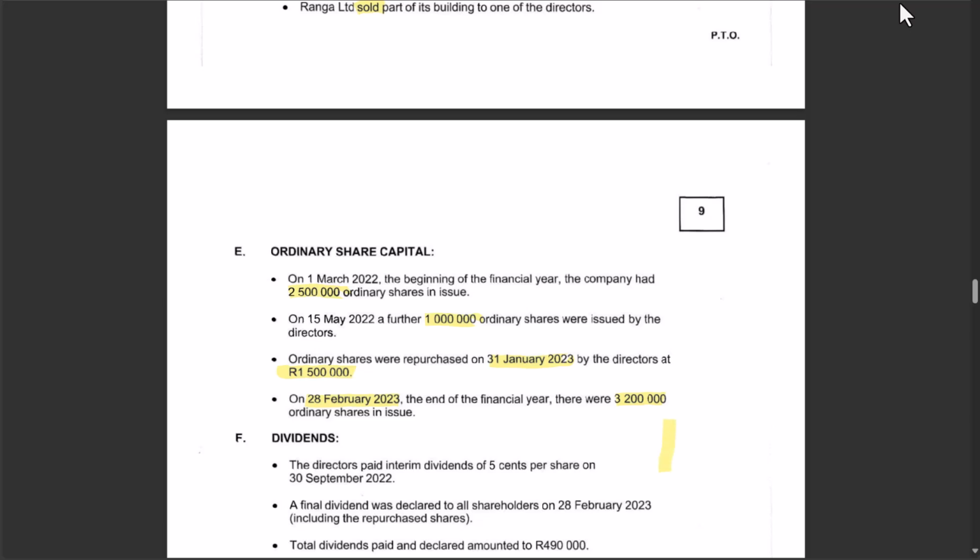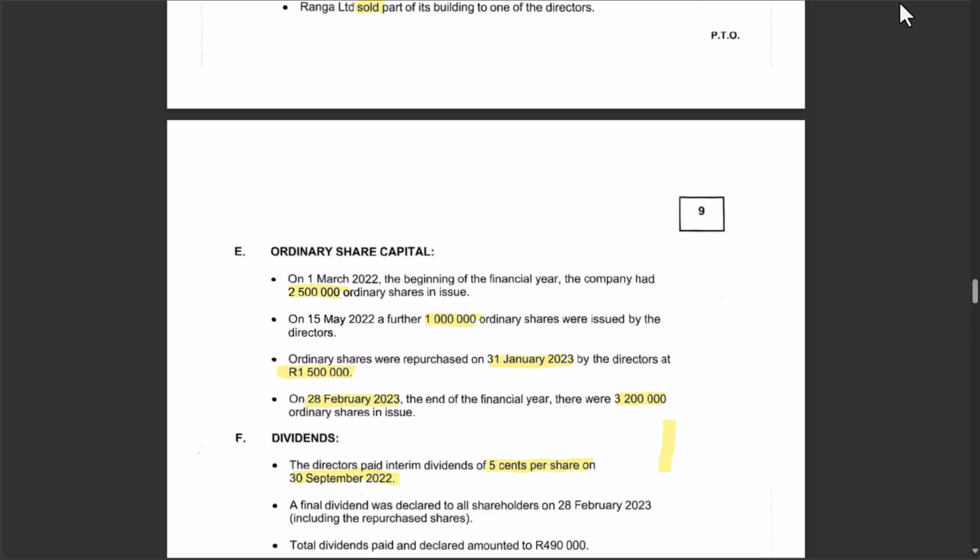Dividends. The directors paid an interim dividend of 5 cents per share. The question is silent about whether the new shares that were issued on 15 May qualified for the dividend paid on 30 September. If you're not given much information, you include them.